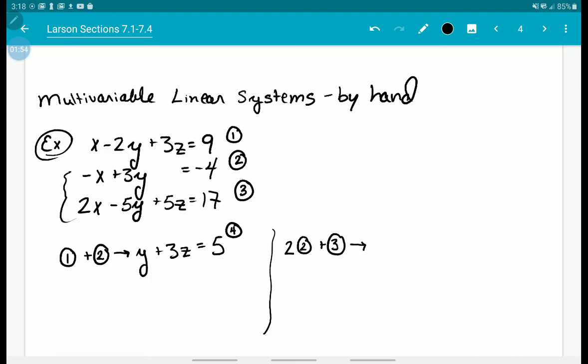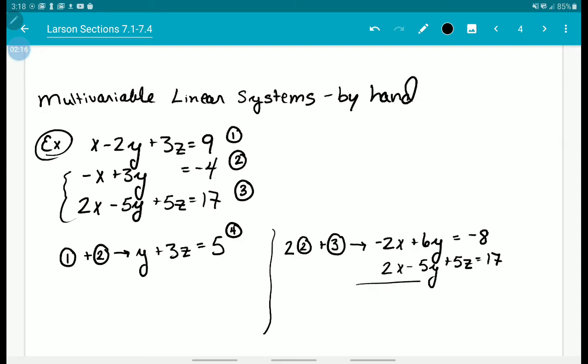If I take 2 times equation 2, I'm going to have negative 2x plus 6y is equal to negative 8. Then equation 3 is 2x minus 5y plus 5z is equal to 17.